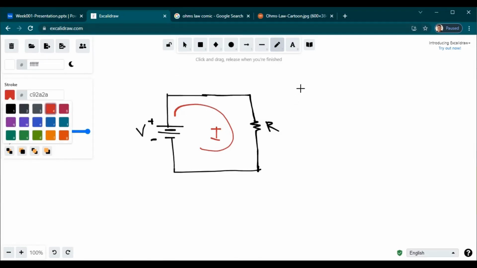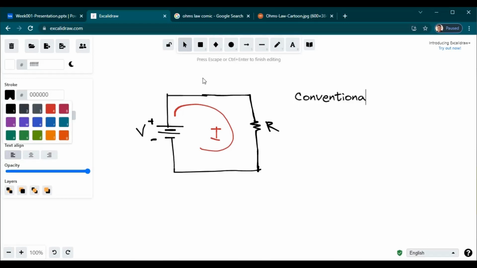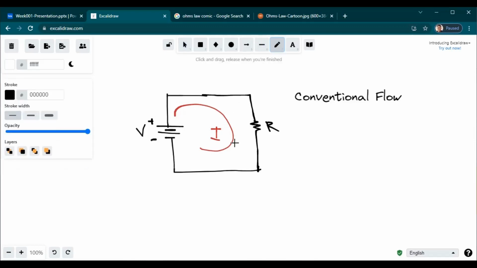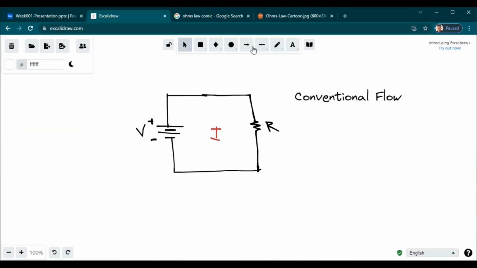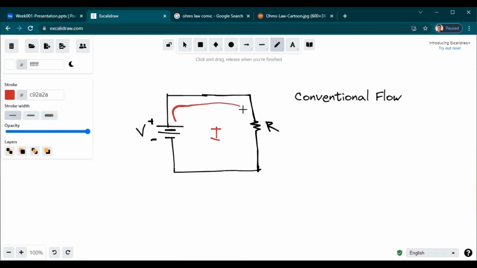Usually, we call this the conventional flow. When it's conventional flow, the current flows from the positive of the source to the negative of the source. As you can see here, the current will move from the positive of the voltage source, going back to the negative of the voltage source. That is the conventional flow.